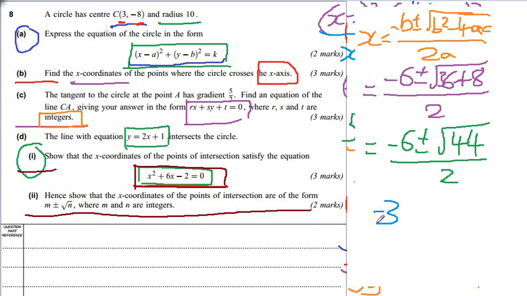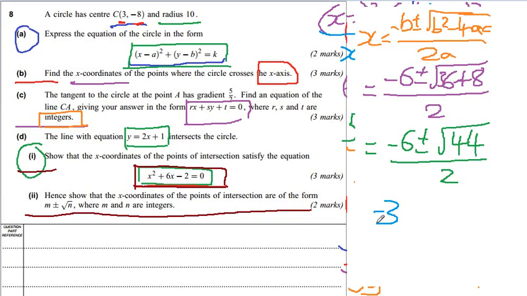You can't do the same with the surd. You can't say root of 44 divided by 2 is the root of 22. It doesn't quite work like that. What you've got to do is say, if you've got the root of something divided by 2, take what's inside the root and divide it by 2 squared.